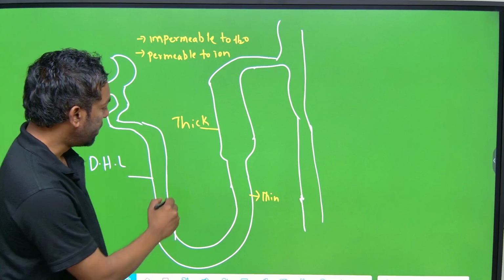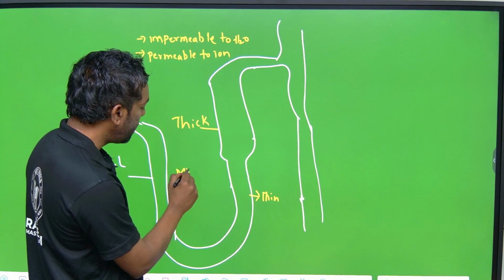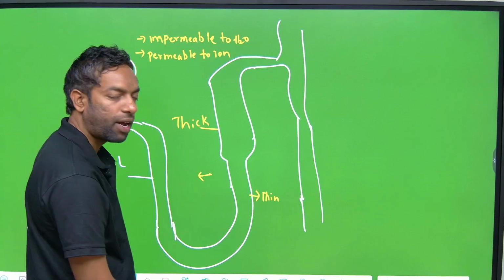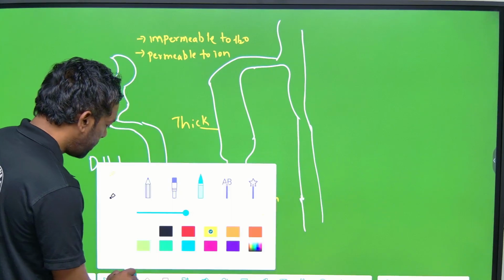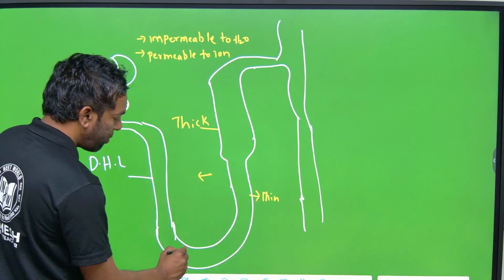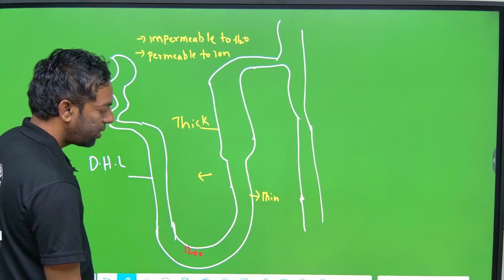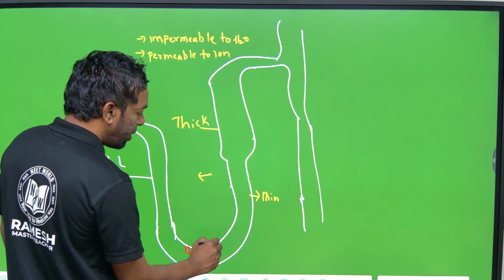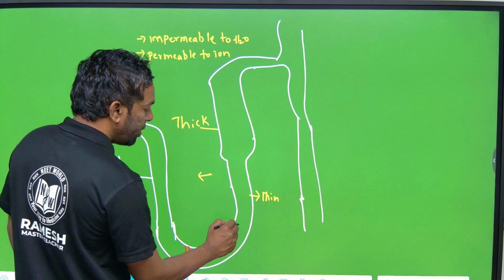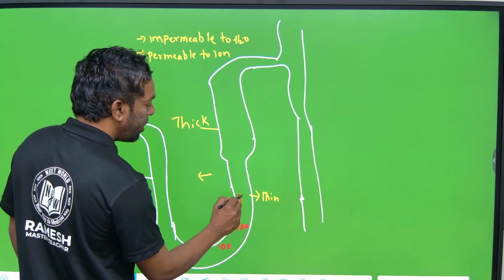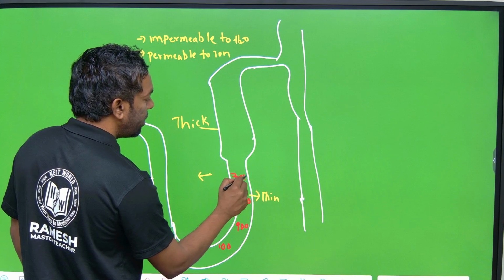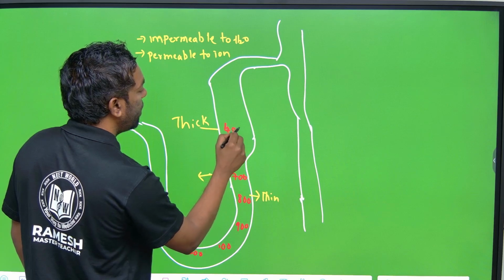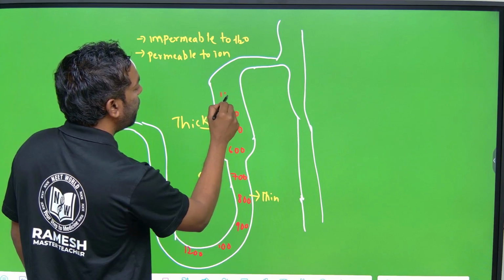Just look into this. This is the medullary interstitial fluid. Interstitial fluid has certain ions, as we discussed, right? Like here 1200 concentration. At the same time here 1200, 1000, 900, 800, 700, 600, 400, 300 and 150.